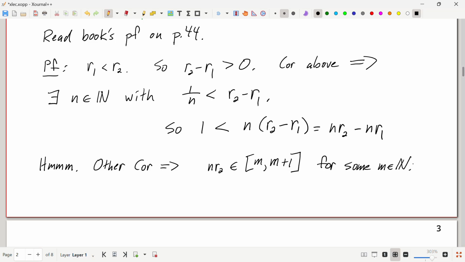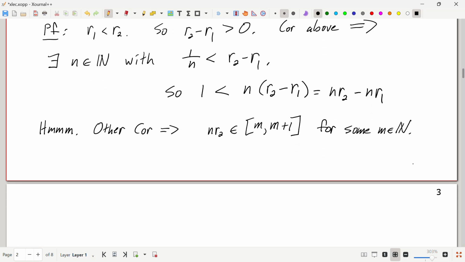Okay, now I'm going to draw a picture. I've got n times R2 here, and n times R1 is smaller, and this distance is bigger than 1.